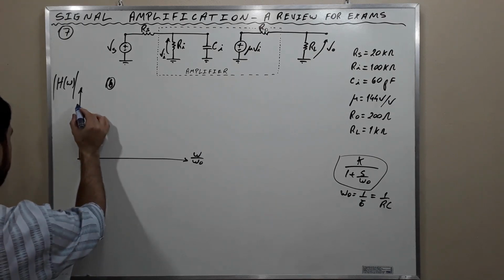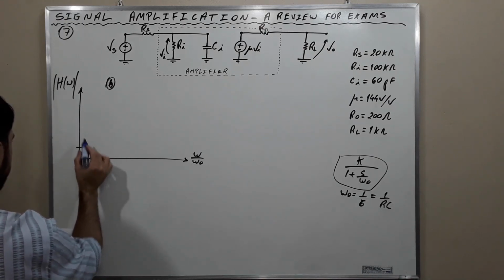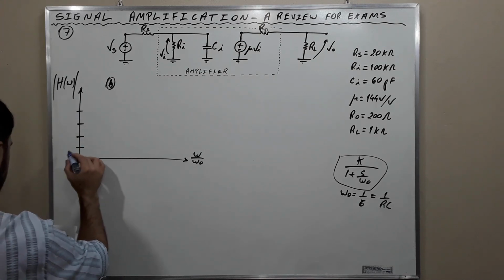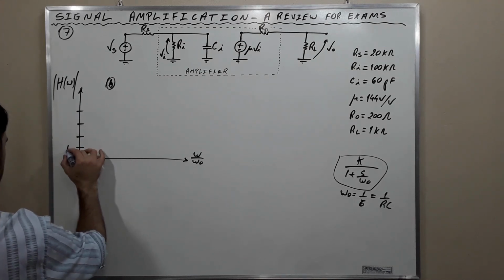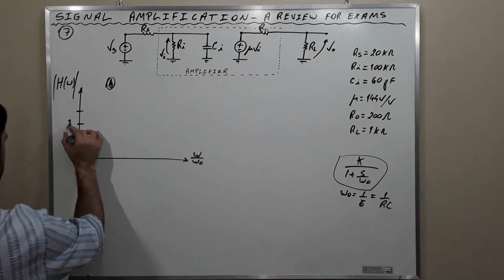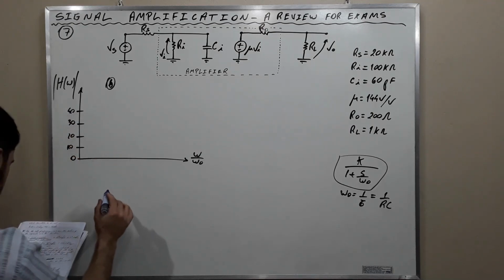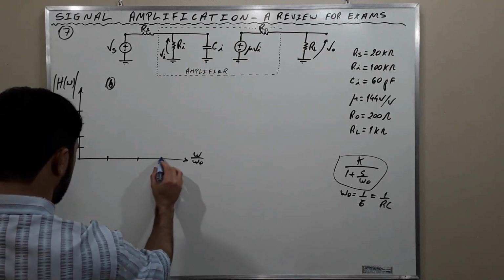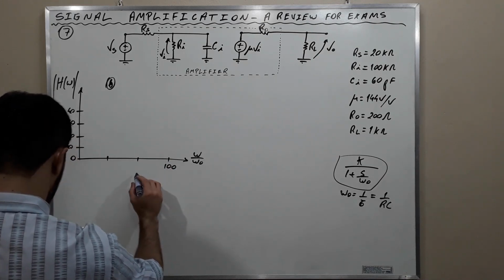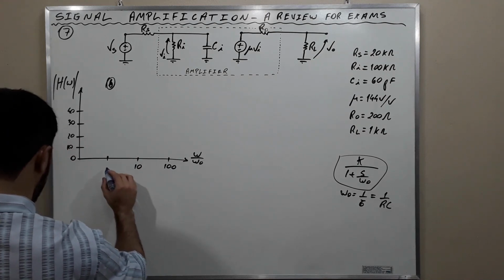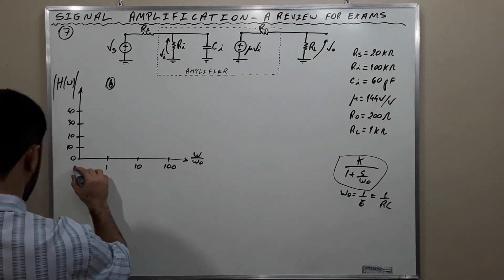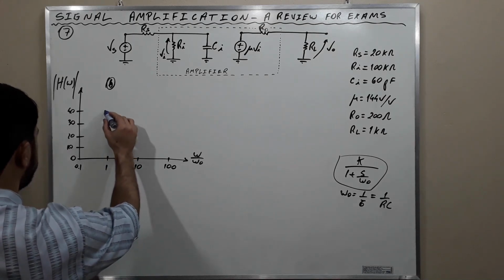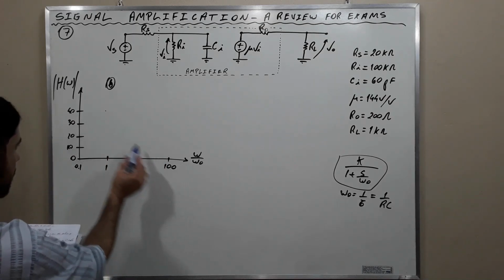We have here 0, 10, 20, 30, and 40, and here 1, 10, and 100.